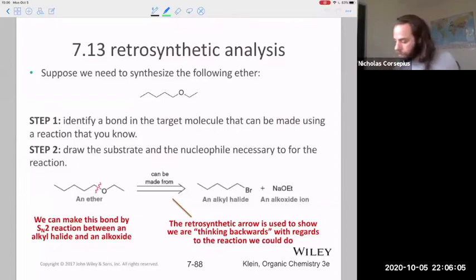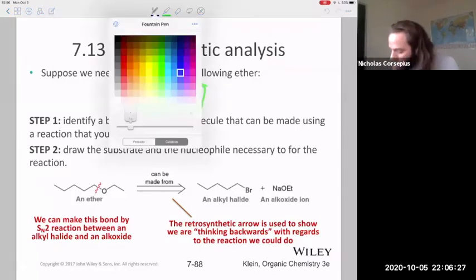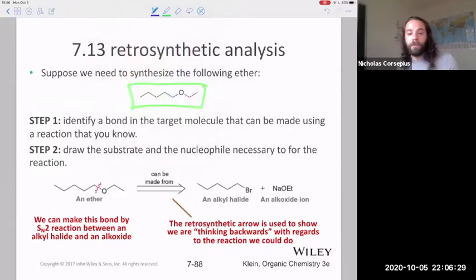Okay, so let's just go through an example. Here we want to make this particular ether. Well, how are we going to do that? Well, again, in this particular chapter, thinking that you're going to have to start with an alkyl halide is probably a good starting point because that's the only functional group we know, right? But importantly, we want to figure out, what bonds in our target molecule would we know how to make given other molecules?